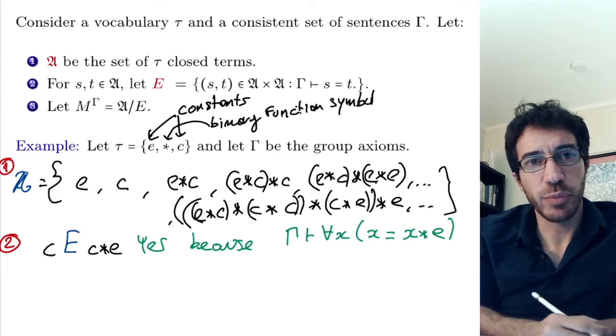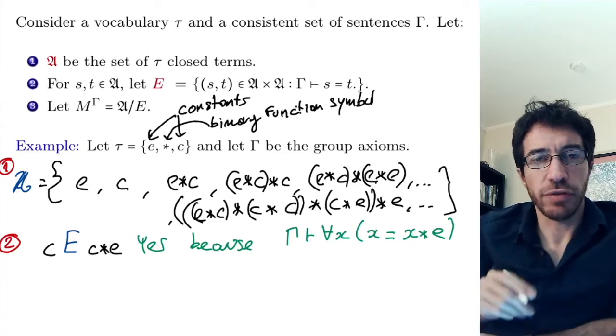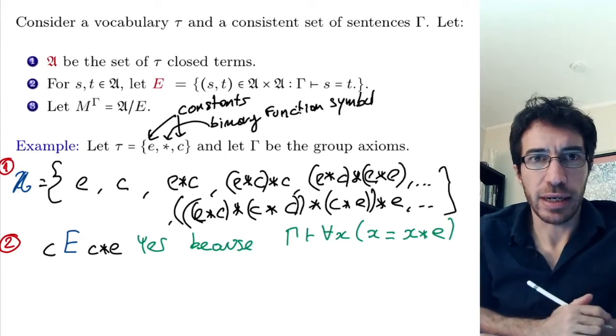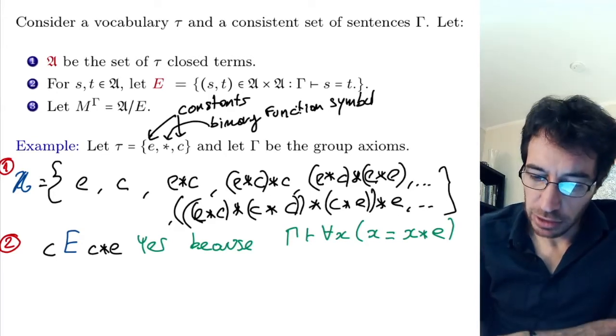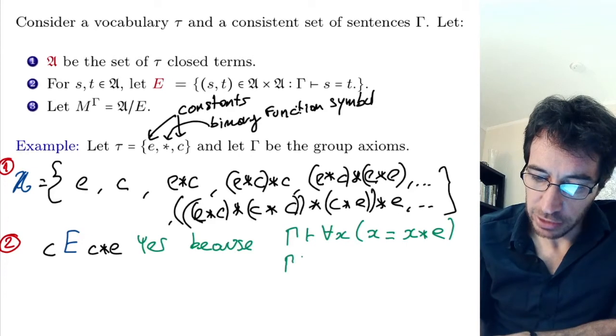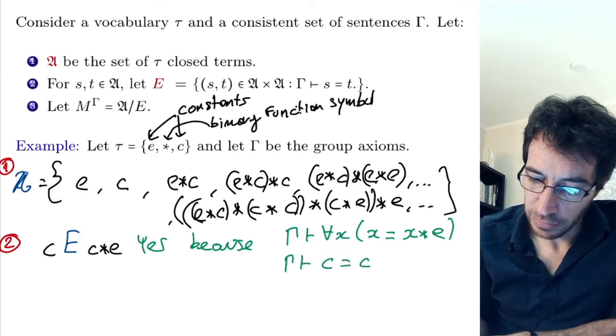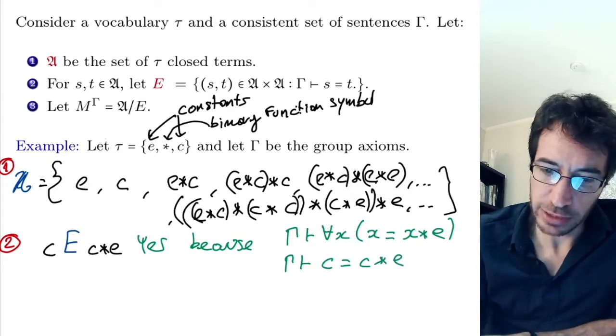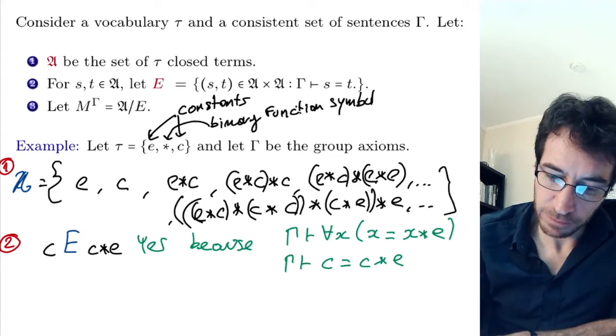And then if you prove that using one of the axioms, that if you have for all, you can change it for any term that you want, you also get that gamma can show that C equals C star E. Let me just do one intermediate step right there.